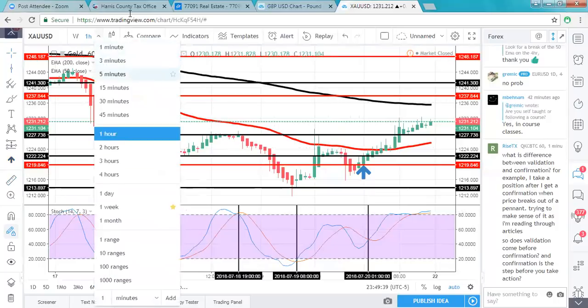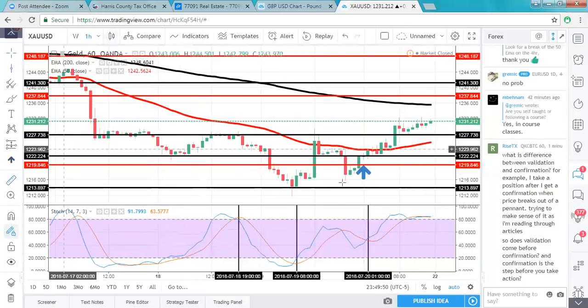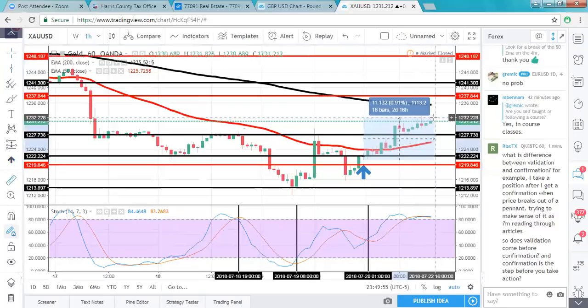And you still would have been in this one. Let's move here. Let's see. Regular candle. Candlestick here. You could have been up 113 pips.